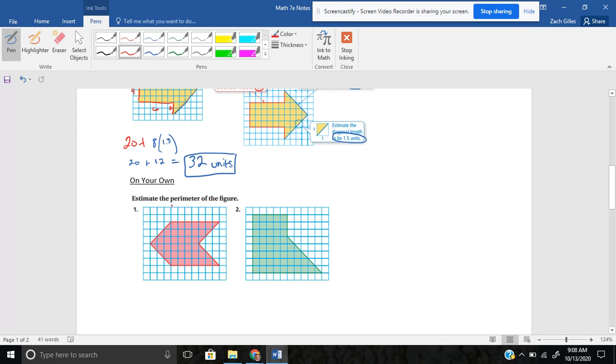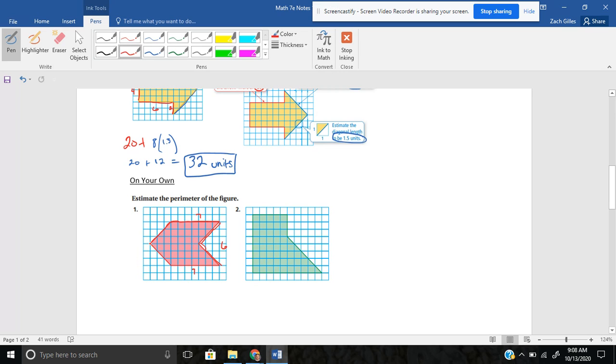All right, for this shape, let's count my full length squares. I got 1, 2, 3, 4, 5, 6, 7. So 7 on top and bottom. And then I have a bunch of diagonals. So 1, 2, 3, 4, 5, 6.